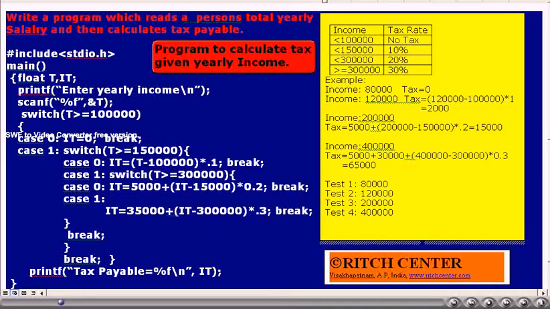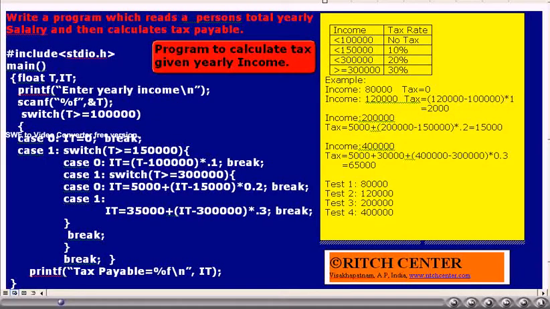Then this man has more than 1.5 lakhs. How much more? 50,000 rupees, since his total income is 2 lakhs. So for that 50,000 rupees, he has to pay 20%. That is 10,000 rupees. Thus, his total tax payable becomes 15,000 rupees.